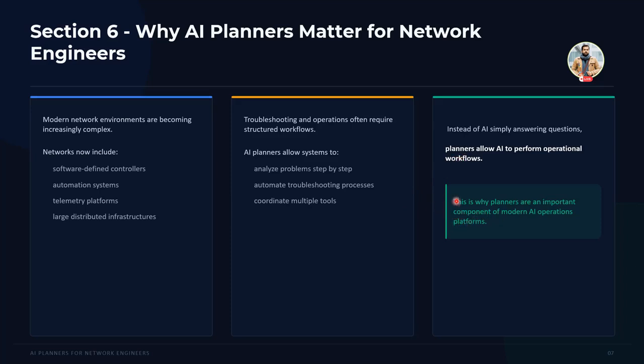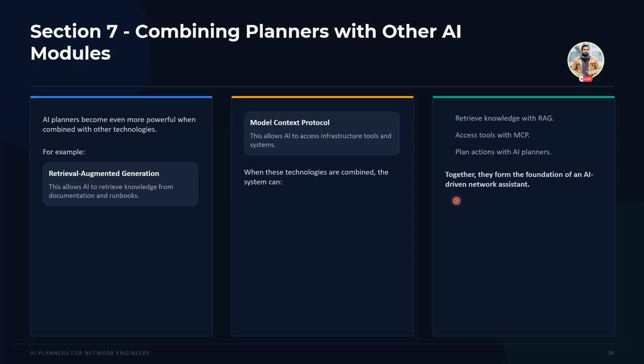Now I want to ask about how planners fit together with the other technologies you mentioned, RAG and MCP. How do they all work together? This is where it really comes together. Think of it as 3 layers working in harmony. RAG, Retrieval Augmented Generation, gives the AI access to your knowledge, your documentation, runbooks, design guides.